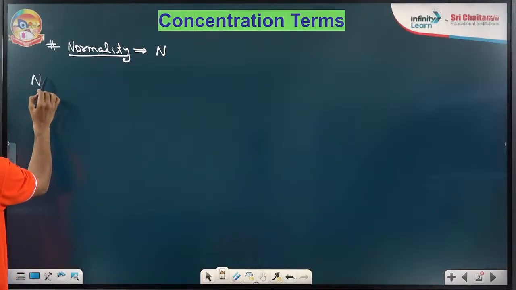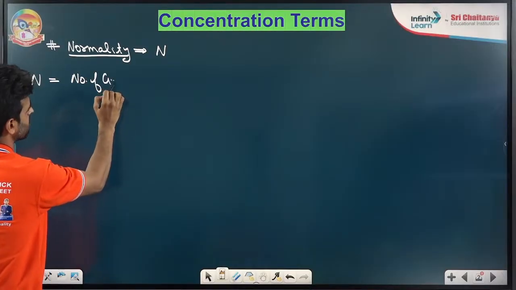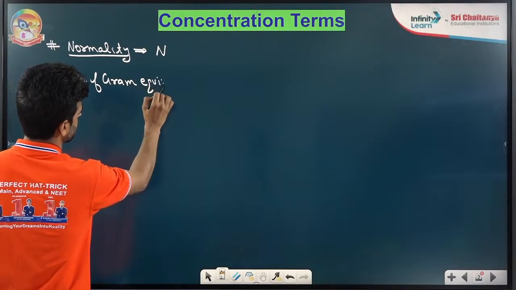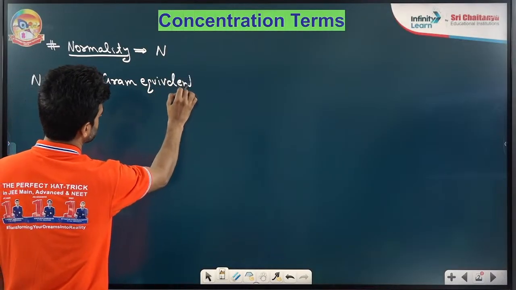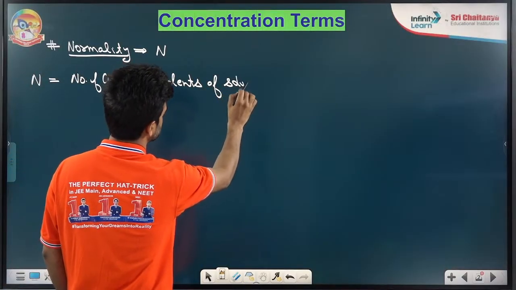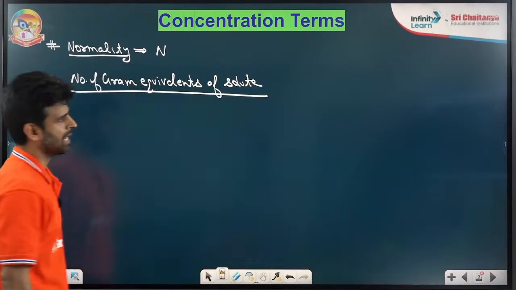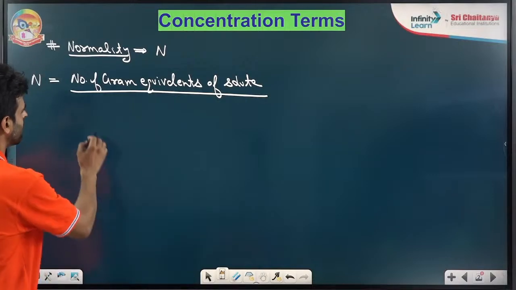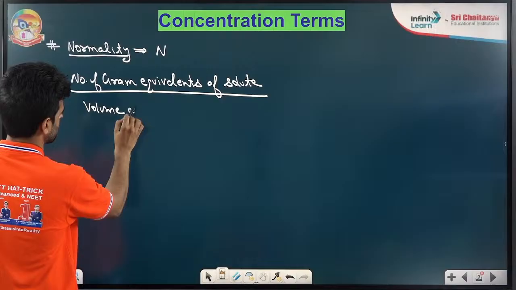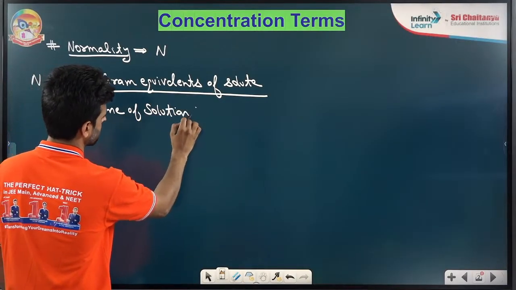If I write the formula, normality is the number of gram equivalents of solute, instead of number of moles, divided by the volume of solution. This is volume of solution in liters.